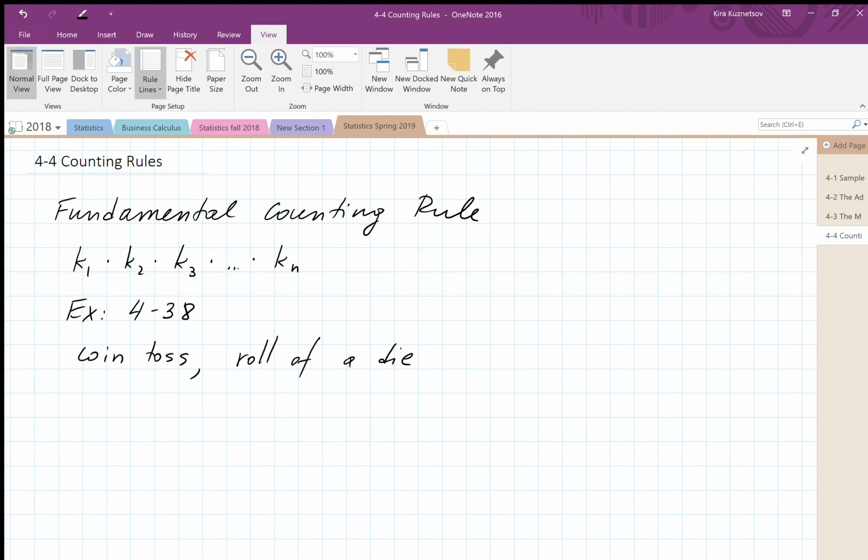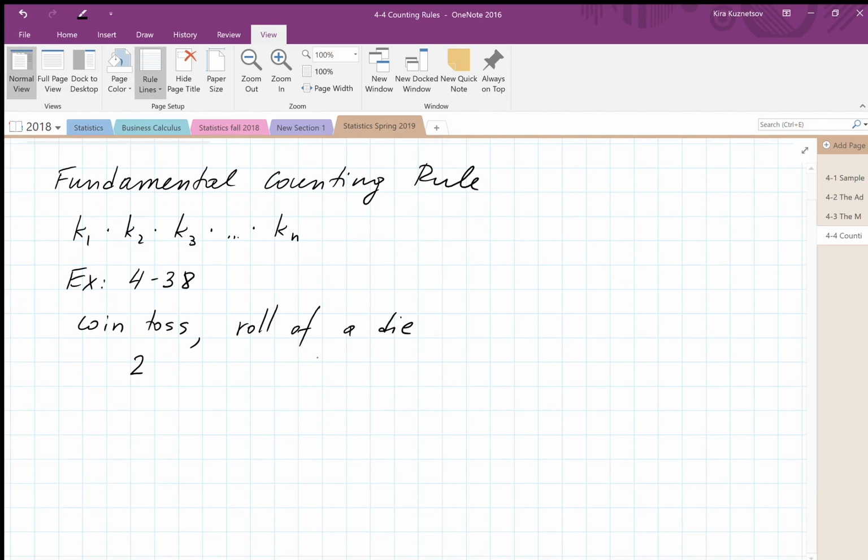The question is, find the number of outcomes for the sequence of the two events. First, a coin is tossed, and then the die is rolled. So you know that a coin toss has exactly two outcomes, either heads or tails. The roll of a die has exactly 6 outcomes, 1 through 6 on the faces of the die.